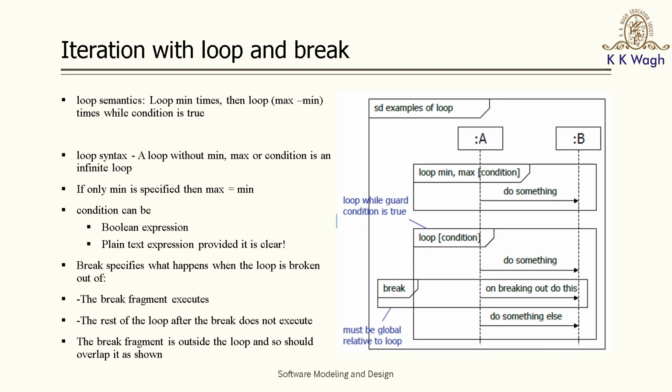If you want to break the loop in some situation, you use the break keyword. Here as well, if you want to break a loop, you can use a break keyword, and after using break, the rest of the loop is not executed. So this is as simple as your programming concept.